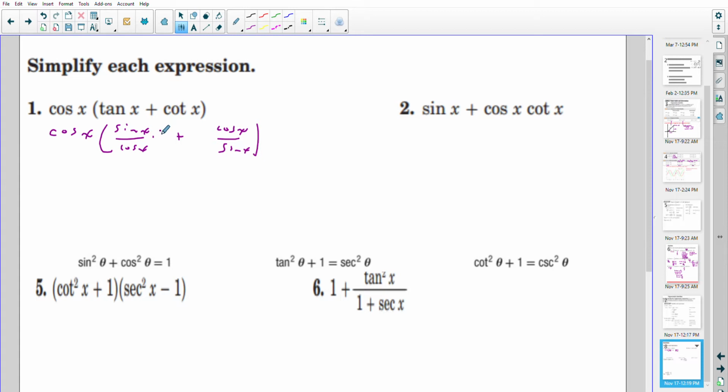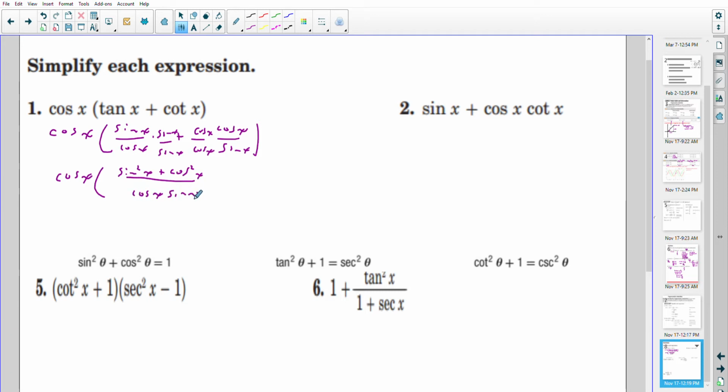So I'm going to write down sine x over sine x and cosine x over cosine x to get the common denominators. Means cosine x times sine squared x plus cosine squared x over the cosine x sine x.